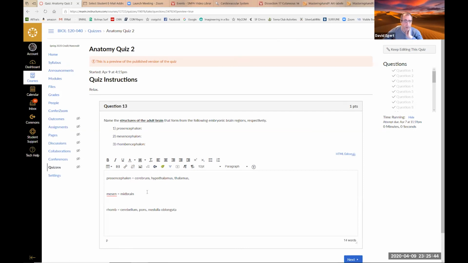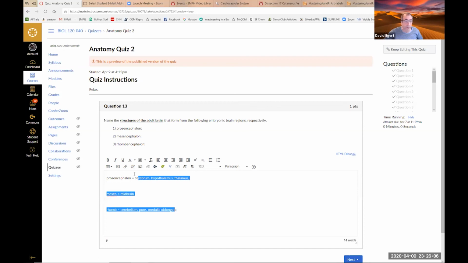Some people just used, if you said midbrain, that's kind of right, but if you just said prosencephalon is the forebrain, that isn't a structure of the adult brain. So I only gave full credit on this one if you did something more like what I wrote here.